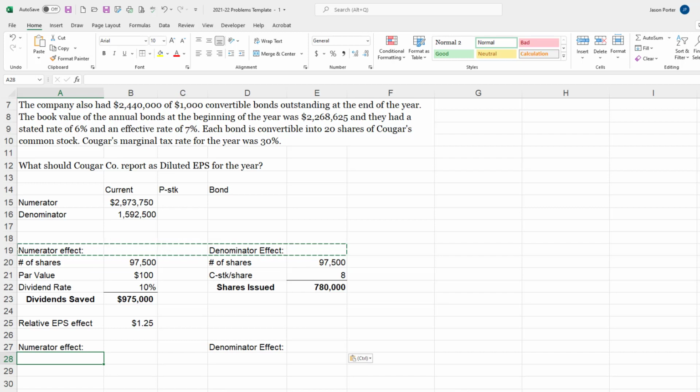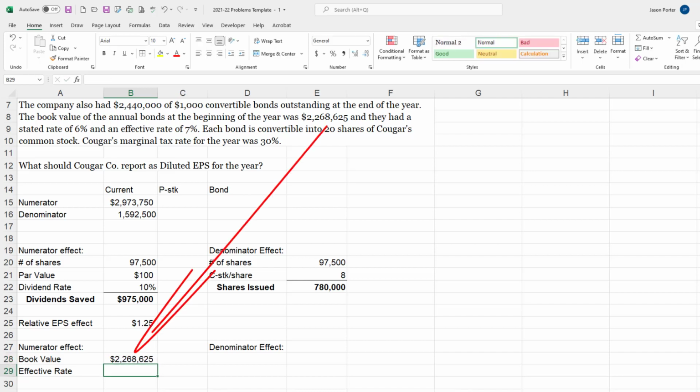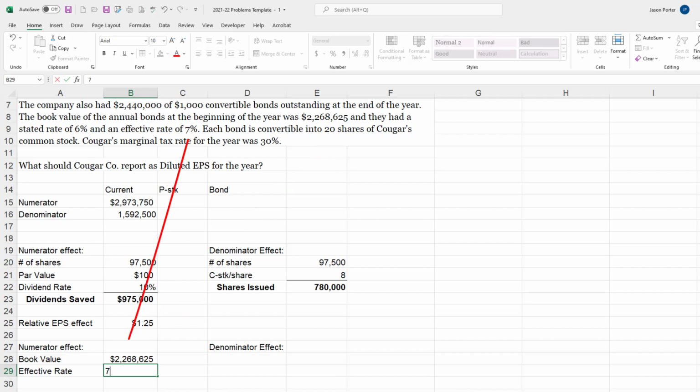In order to figure out the effect of the bond, I have to figure out interest expense. And interest expense on a bond is the book value times the effective rate. We were told that the book value was $2,268,625 and our effective rate is 7%.